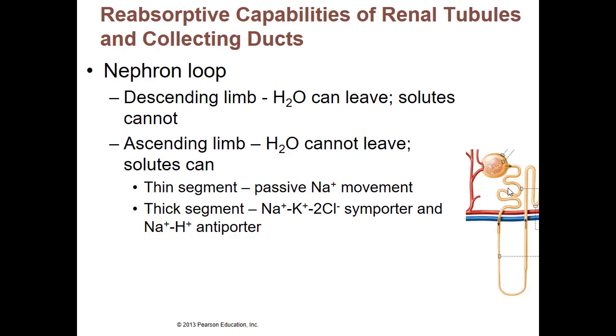And so there are different things going on, different carriers found in different places on the nephron loop. Now, any guess why would we want to get rid of or secrete hydrogen ions? What do hydrogen ions control? It's found in hydrochloric something. It's the acid. Hydrogen ions mean acidic.